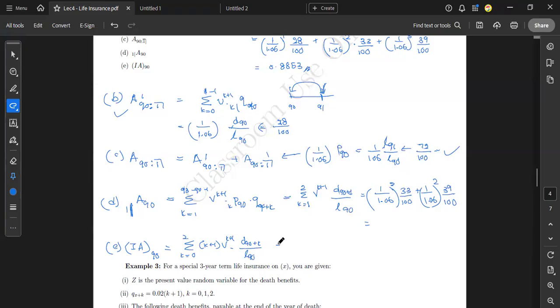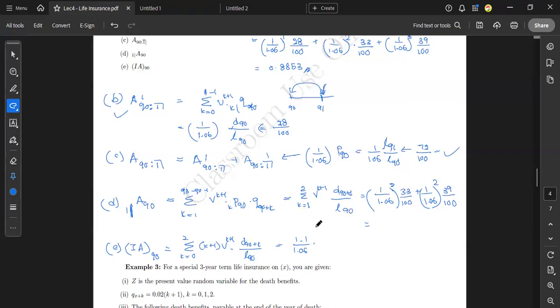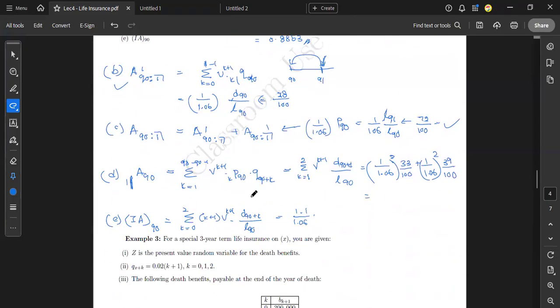So we get, for this one, it is 1 times 1 over 0.6 times 28 divided by 100.